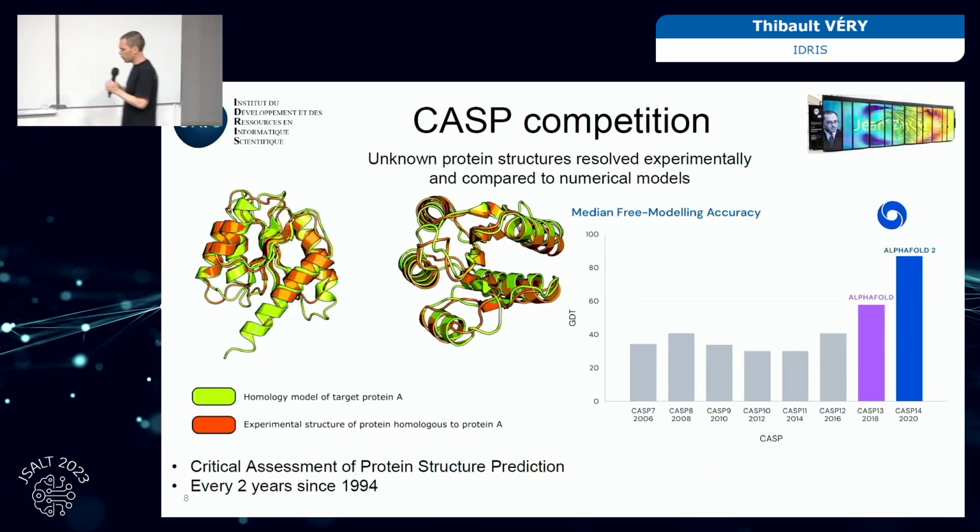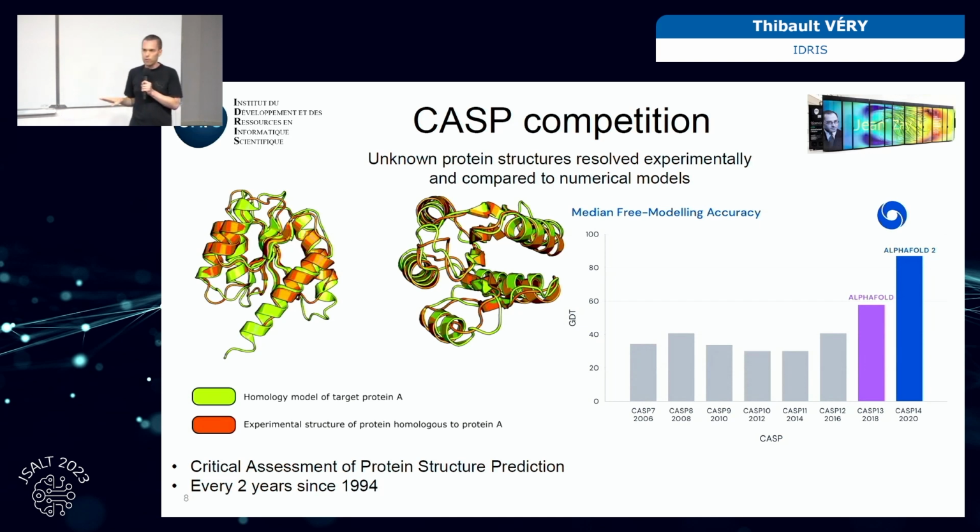I'm going to tell you about a competition that occurs every 2 years called CASP, for Critical Assessment of Protein Structure Prediction. This competition happens every 2 years, and what they do is ask some experimentalists to resolve the structure, to get an experimental structure, of some unknown proteins.